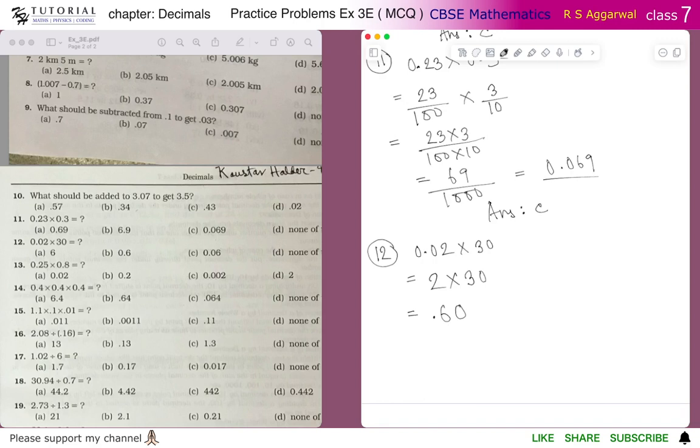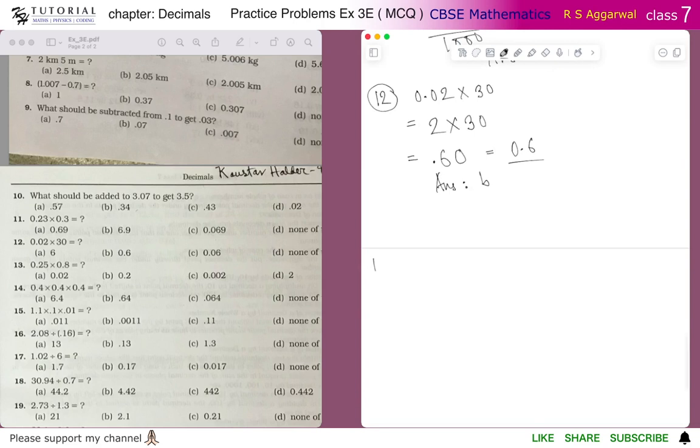So this becomes 0.60, and this equals 0.6, because zeros to the extreme right of the decimal part of a decimal number are meaningless. So the answer is choice B.